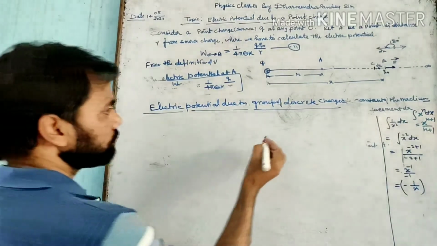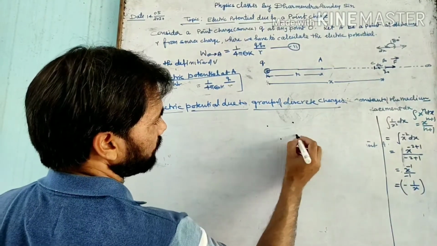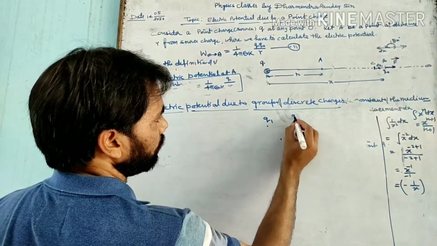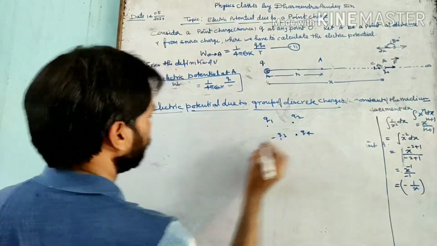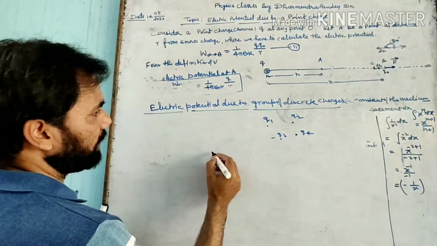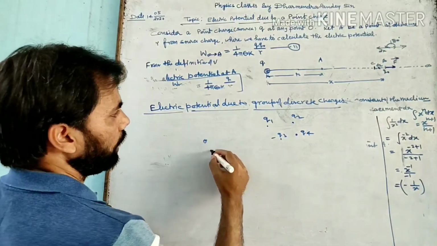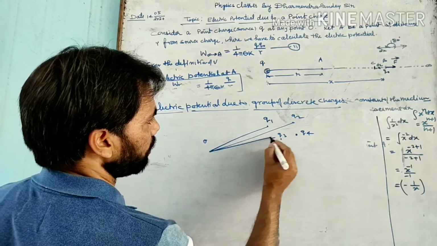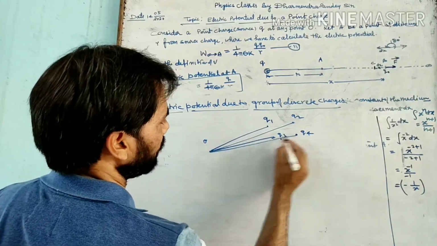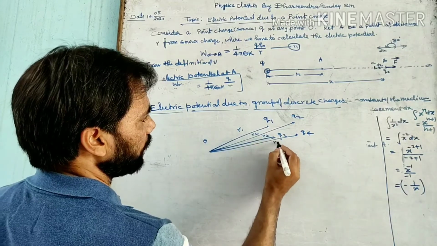So let us assume that there are many charges Q1, Q2, minus Q3 and Q4, placed at certain distances from a point, let us say O, and their distances from this point will be different. Let us say R1, R2, R3 and R4.